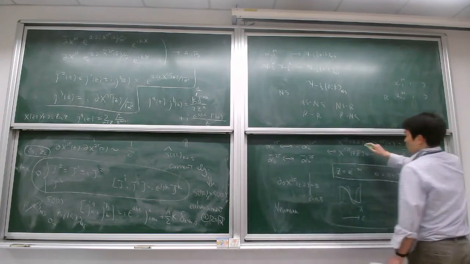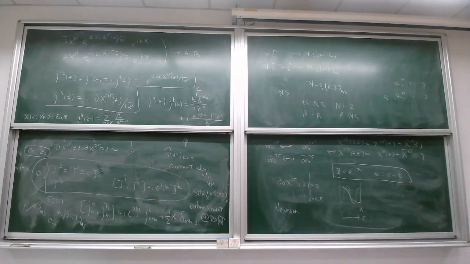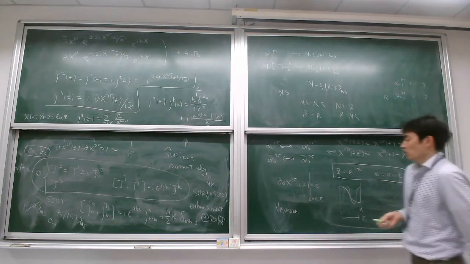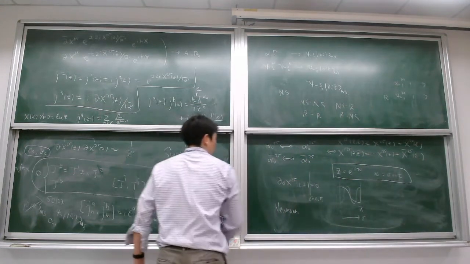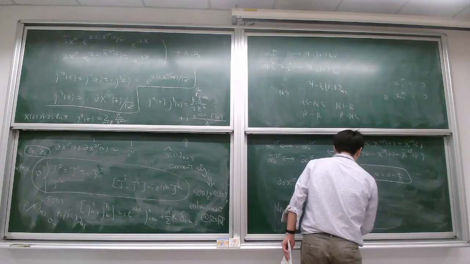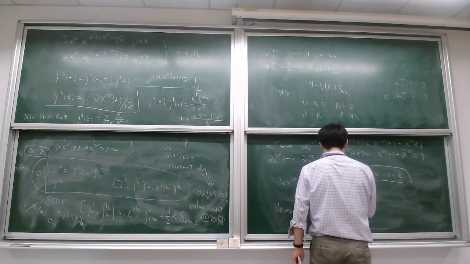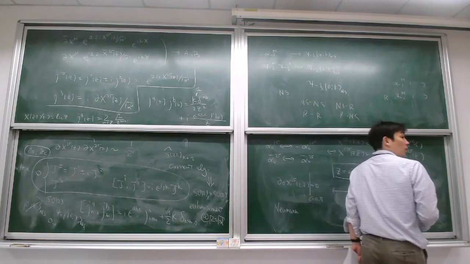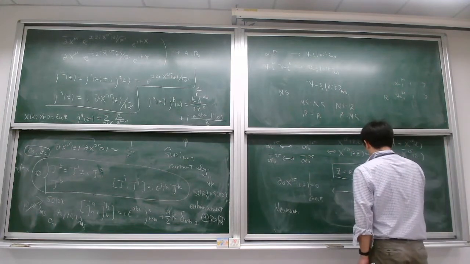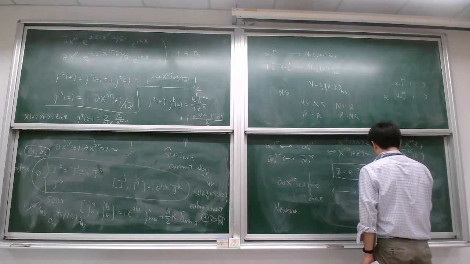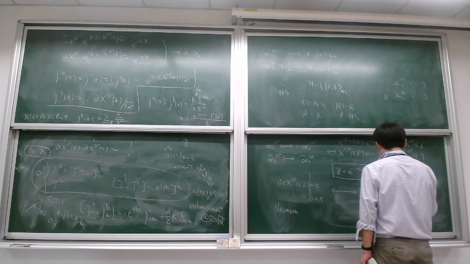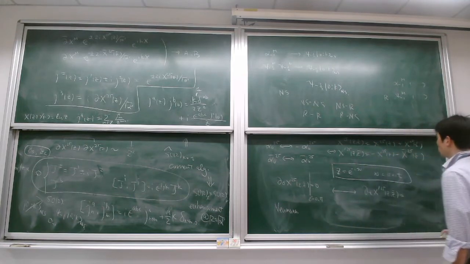Under this transformation, you can just check that this one is mapped to the following: t derivative of x25 minus x prime 25 of z bar is equal to 0.